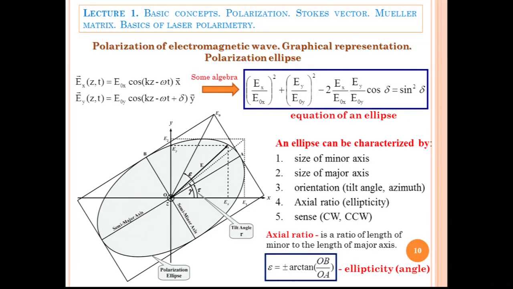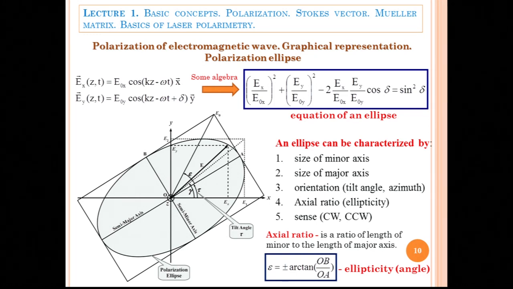The fourth important parameter is the axial ratio, the so-called ellipticity of polarization. It is the ratio of the length of the minor axis to the length of the major axis. It can be plus or minus. This is the ellipticity angle, a very important parameter.